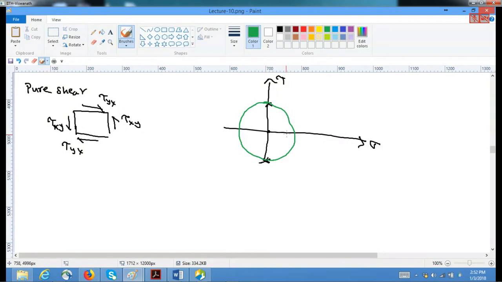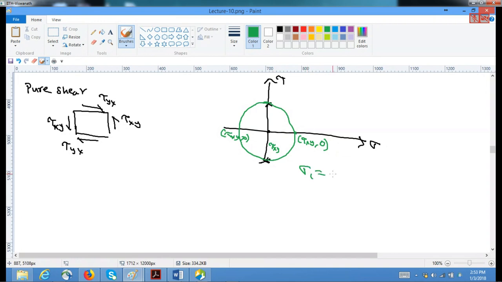If this is the radius and the radius is equal to tau xy or yx, then the normal stress at this place is also tau xy, and your shear stress is 0. This is tau xy comma 0. The x coordinate is normal stress, the y coordinate is shear stress. So what are your sigma 1 and sigma 2?